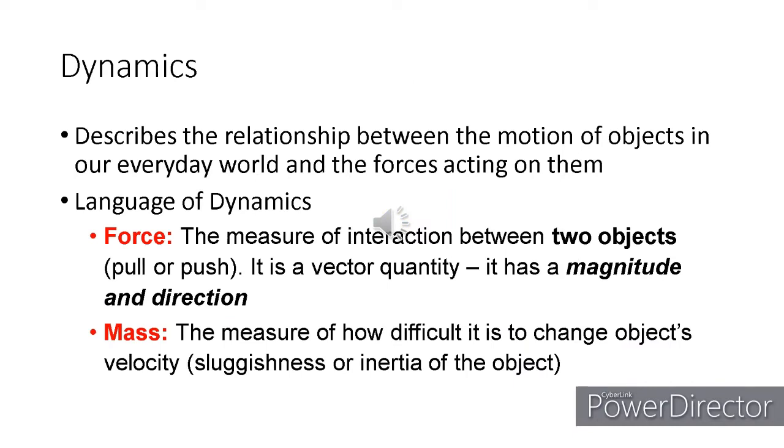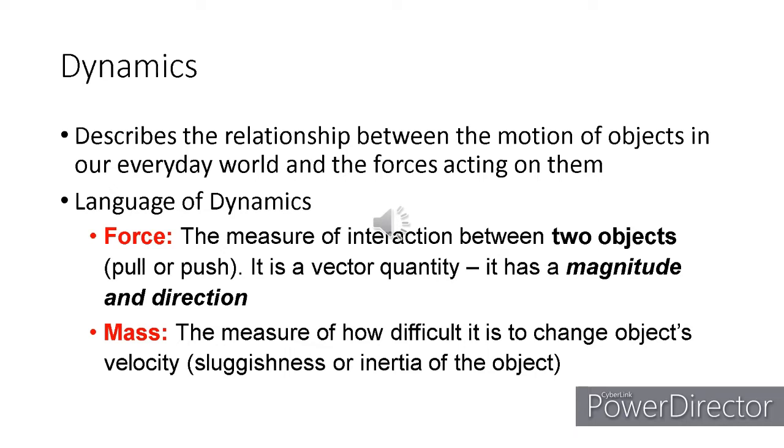Before we discuss the three laws of motion, we must first understand the concept of dynamics. Dynamics describes the relationship between the motion of objects in our everyday world and the forces acting on them. There are two variables that we should know to fully understand dynamics.